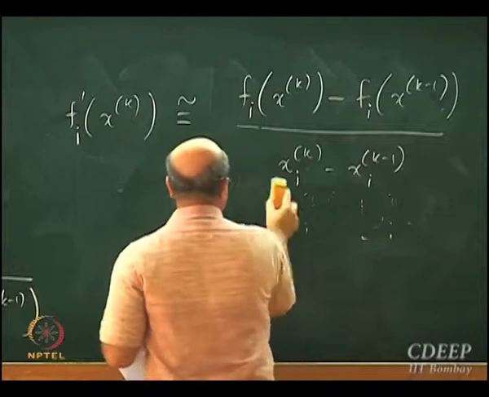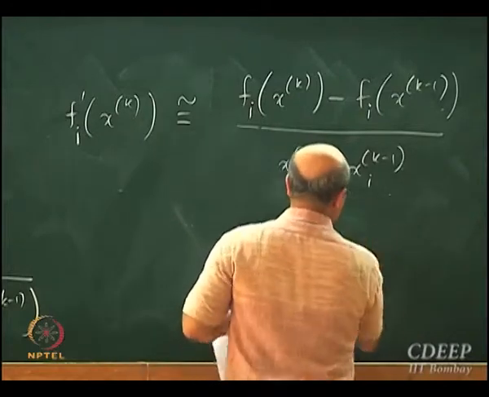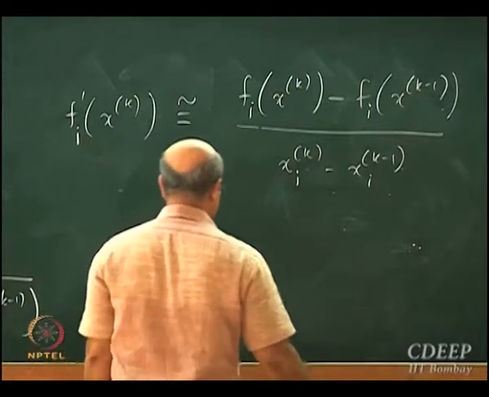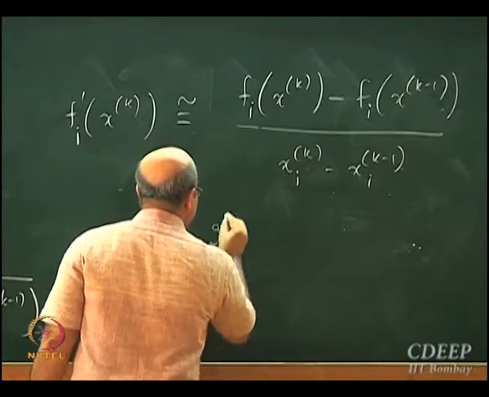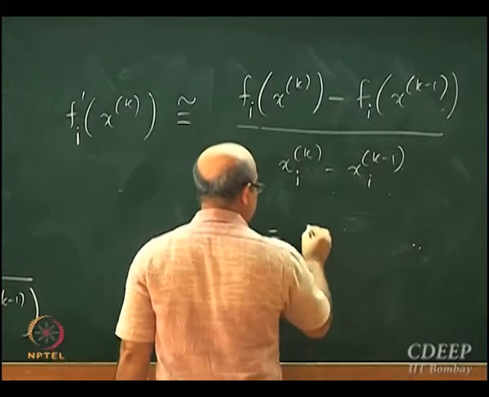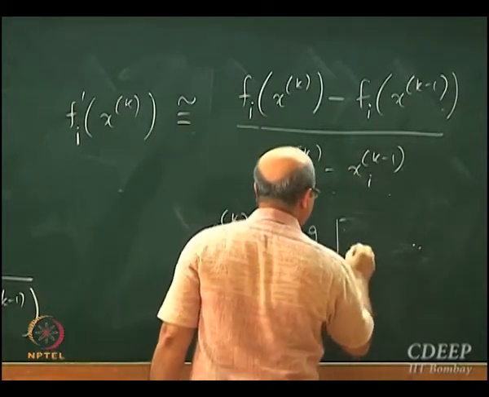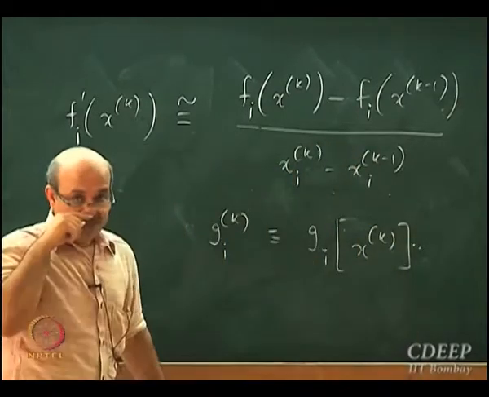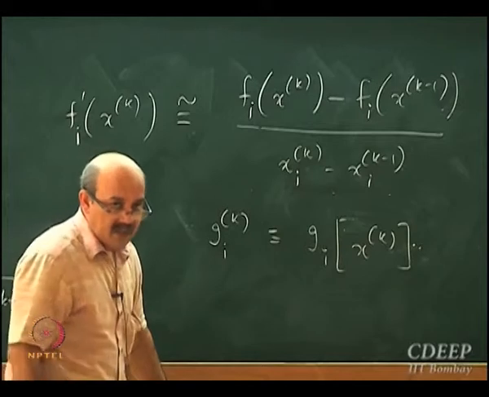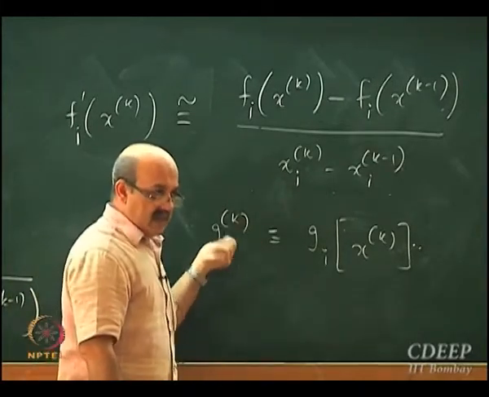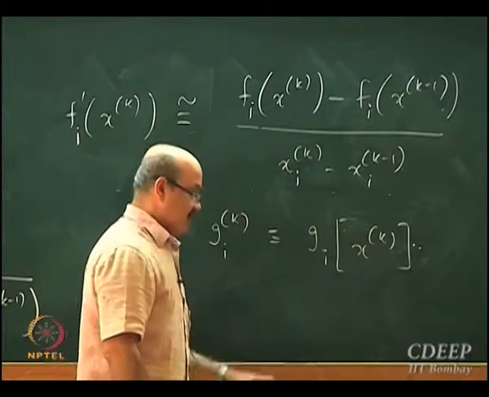Okay, let's develop a slightly simplified notation, then the things will become easier. So let's call gi k is defined as gi of xk. Okay, so that gi k minus 1 means gi evaluated at xk minus 1 and so on.